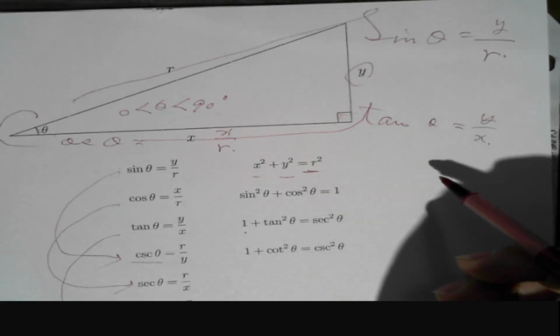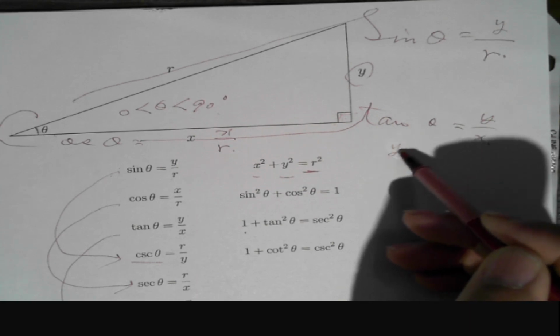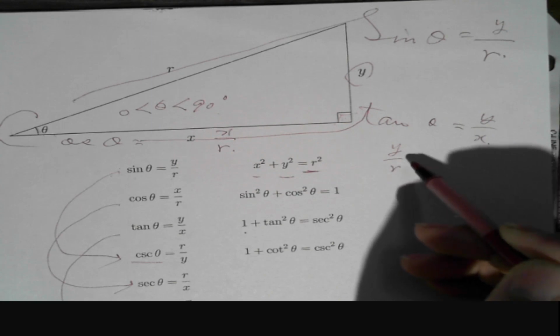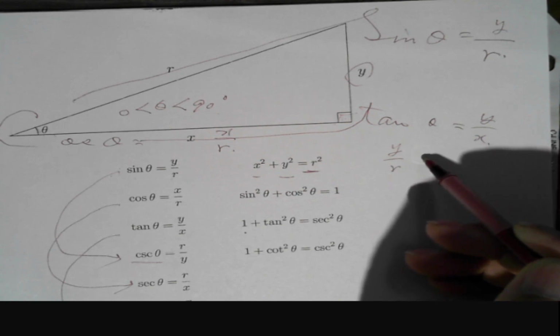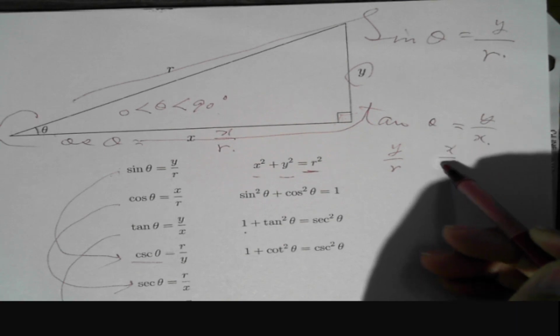Remember, x squared plus y squared equals r squared. And again here, sine theta was y over r, cosine theta was x over r.